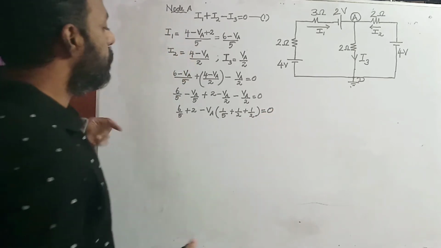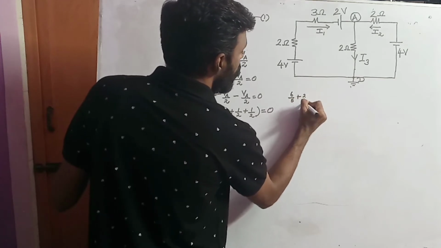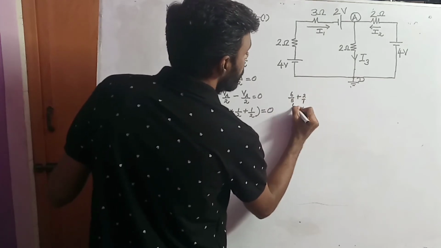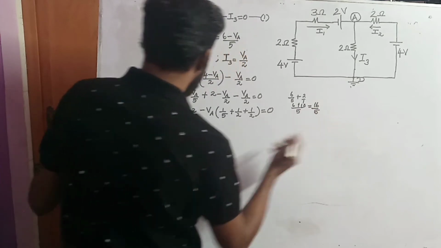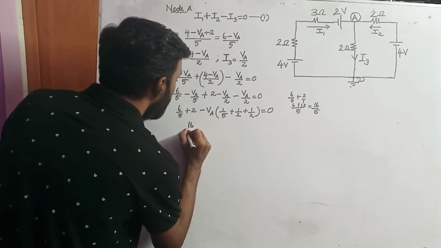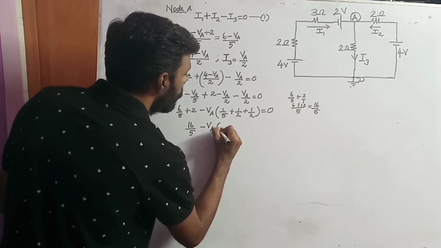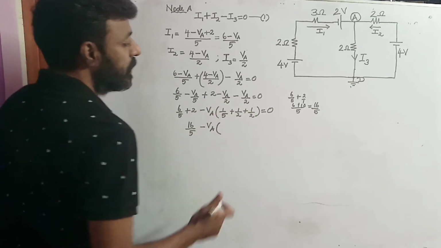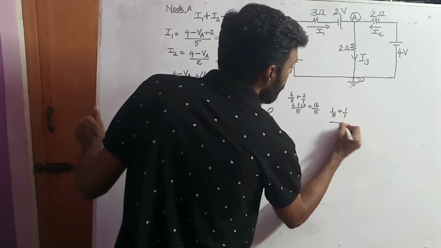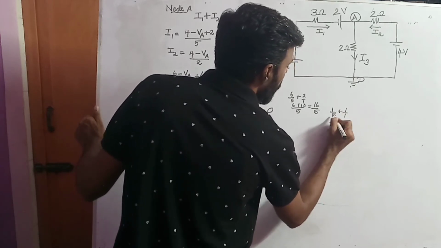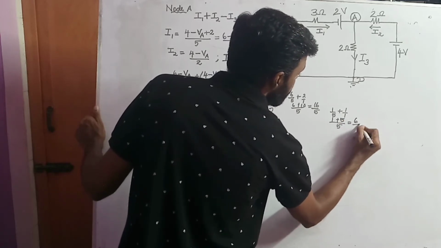So what is 6 by 5 plus 2? 5 ones are 5, 6 plus 10, which is 16 divided by 5. Minus VA into half plus half, which is 1. So 1 by 5 plus 1 will be 1 plus 5, which is equal to 6 divided by 5.